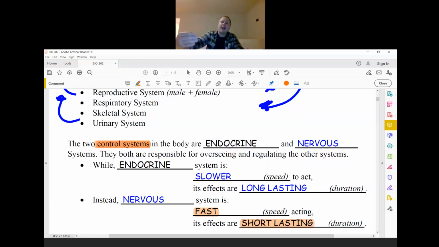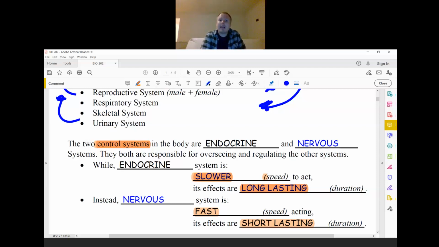So when the action potential has passed through a neuron, then it's gone. There's not a constant action potential present. This is different when it comes to the endocrine system. Since we are not using electrical signals, but we're using those hormones, the hormones take a longer time to travel. However, the benefit of this is that these signals are going to be present for a much longer time in the body. So that's the big difference between these two.